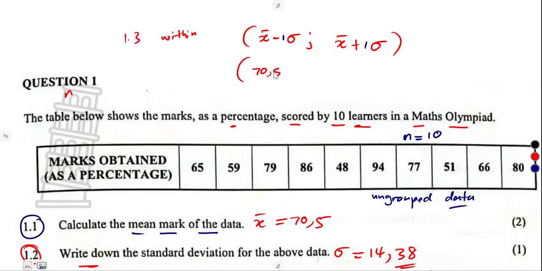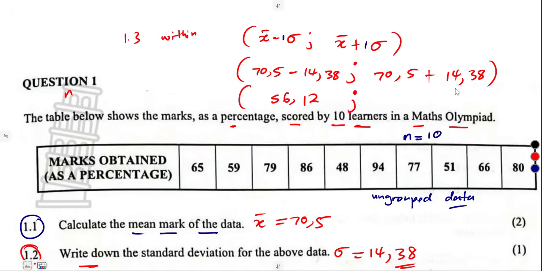So that's 70,5 minus one standard deviation, which is 14,38. All right. Then we're gonna add 70,5 plus one standard deviation, 14,38 again. In this simplification, subtracting these two, we're going to obtain 56,12.